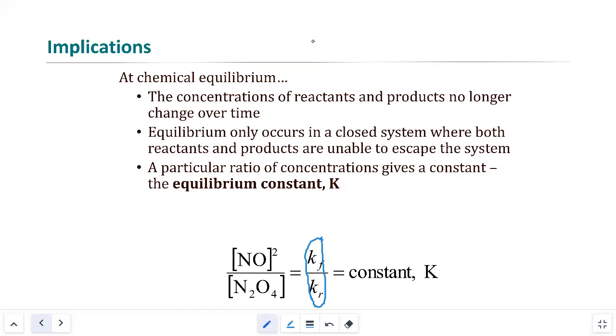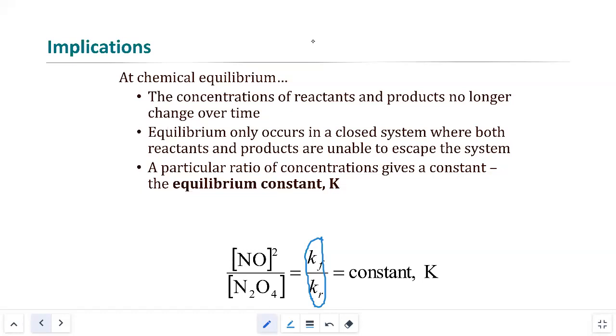It is still possible that one reaction is naturally more inclined to happen than the other one is. And that's going to skew the position of our value K. So just because the rates are the same, that doesn't mean that the concentrations in the reactants and the products are going to be equal to each other.